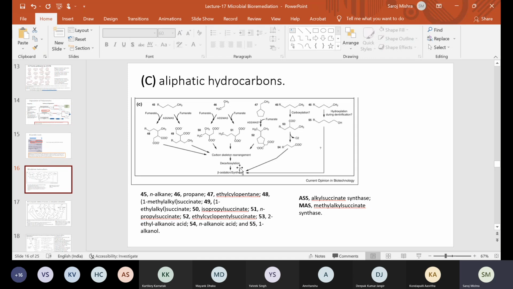Okay, acids are made which are decarboxylated, and this undergoes beta oxidation, and eventually it can enter into the TCA cycle. So TCA cycle does occur even in these anaerobic bacteria. Because in TCA cycle, you are only collecting hydrogens in the form of reduced NADH.